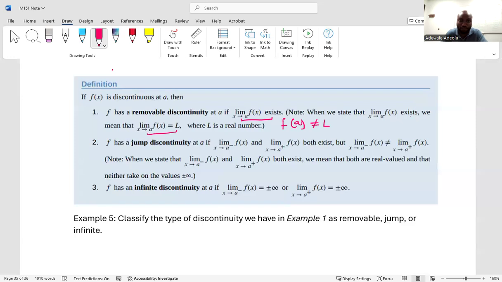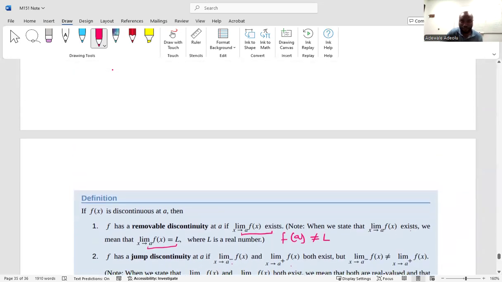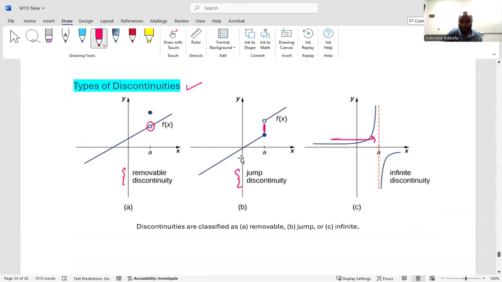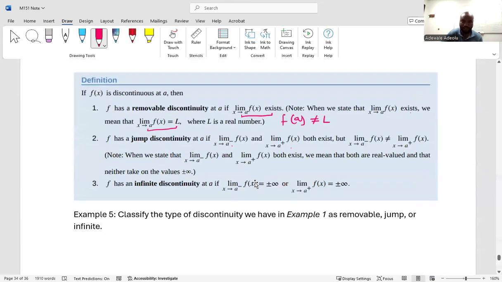Now, f has a jump discontinuity at A if the limit from the left and limit from the right both exist, as in this case, you can see the limit from the left exists, the limit from the right exists, but they are not the same. So in that case, we say there is a jump discontinuity.